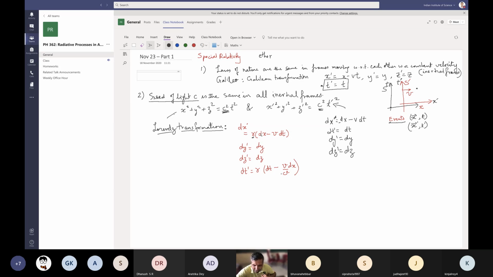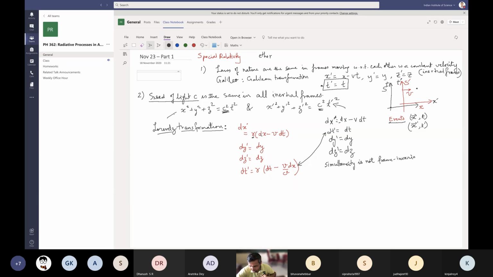There is no gamma factor, and more fundamentally, what this difference means is that simultaneity is not frame invariant.